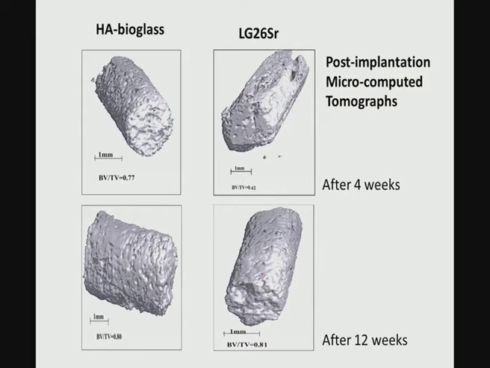You can use microCT directly on the explant. After 4 weeks you take the explant and scan it in the microCT, and this is the 3D image you get. Remember you started with cylindrical samples, 2 millimeter in diameter and around 4 to 5 millimeter in length, with the length scale shown here.